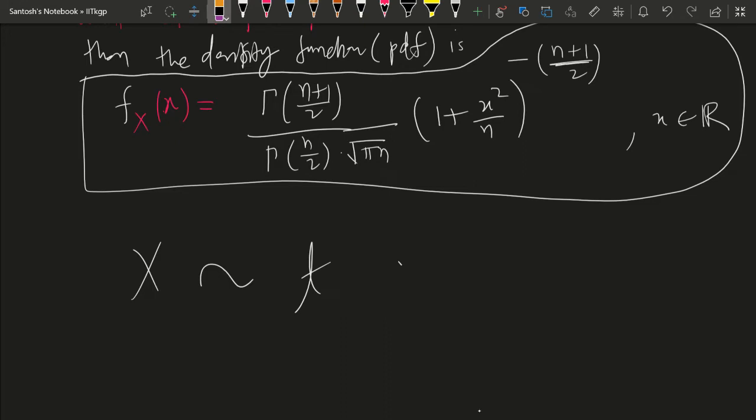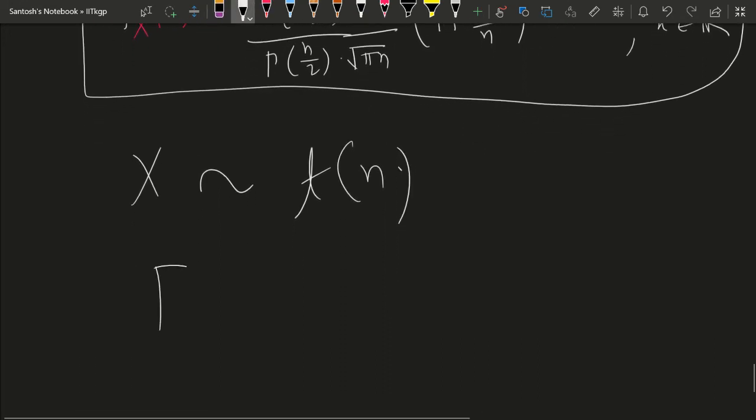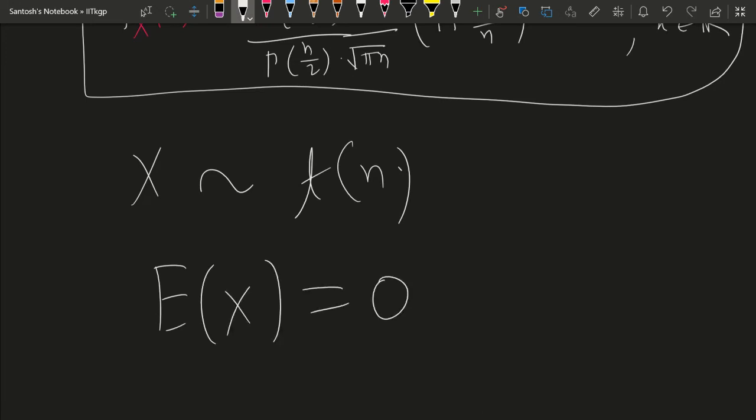So expectation of x will be 0 for n more than 1, otherwise not defined.